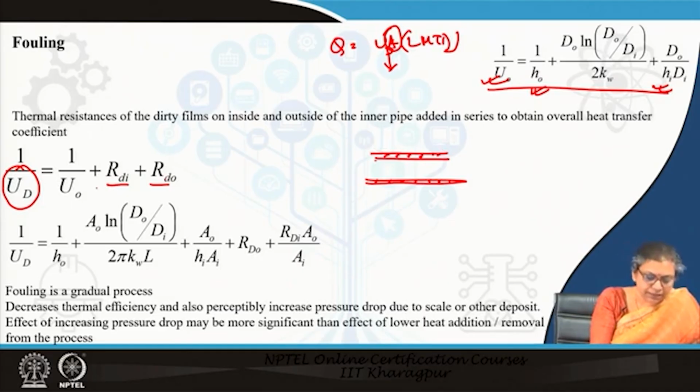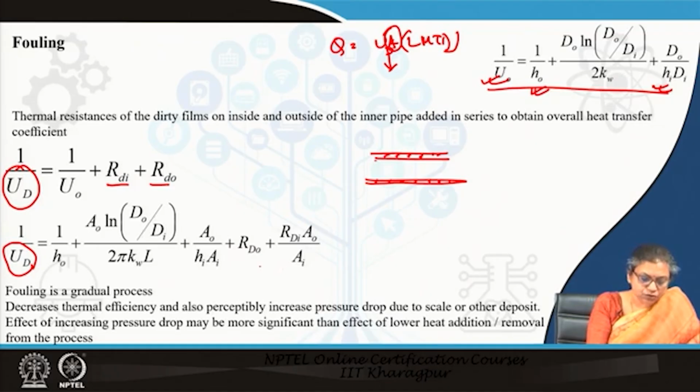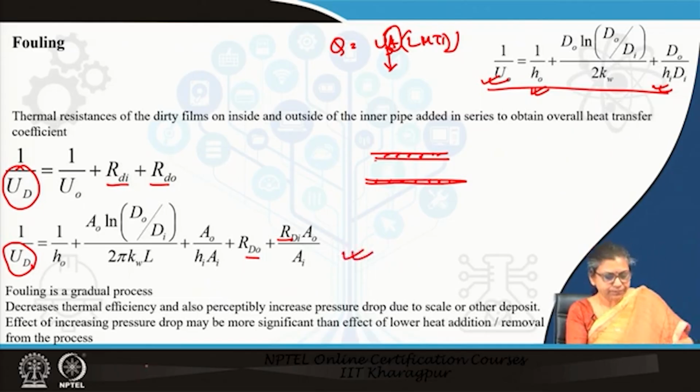So the UO is corrected with these two dirt factors in order to obtain the design overall heat transfer coefficient. Using this, we calculate the area of heat transfer. The expression of UD with RDO and RDI incorporated, when UD is expressed in terms of AO, is given in this particular expression.